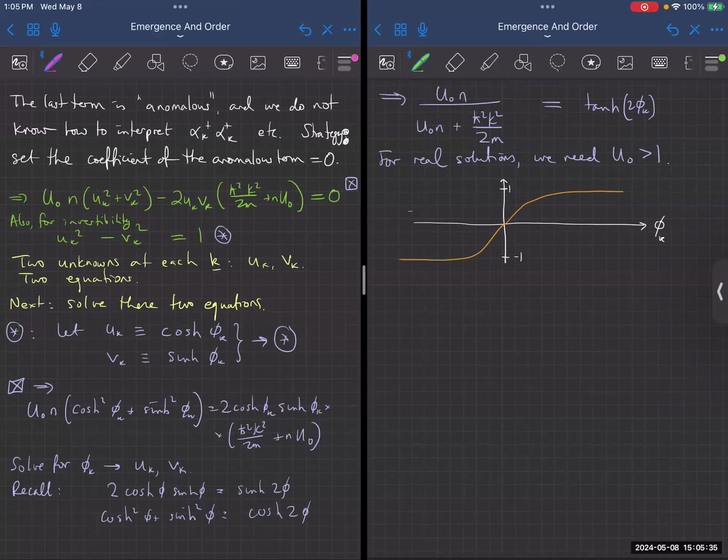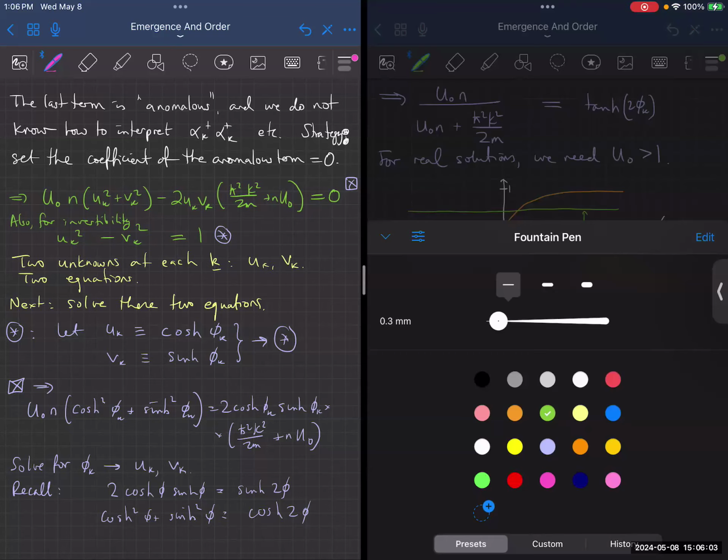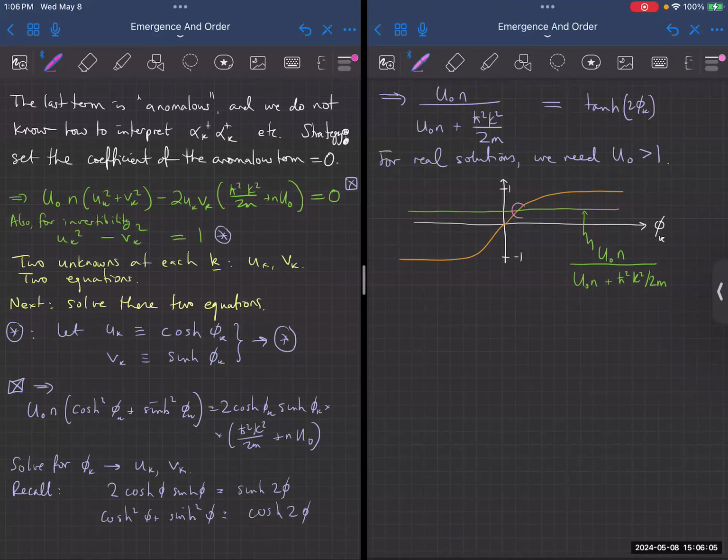So let's suppose I draw the value of u naught n over u naught n plus h bar squared k squared over 2m. That's a number that is between 0 and 1, and so it looks like that. Then the actual solution occurs over here, where these two things are the same, and that gives us the solution of phi_k.